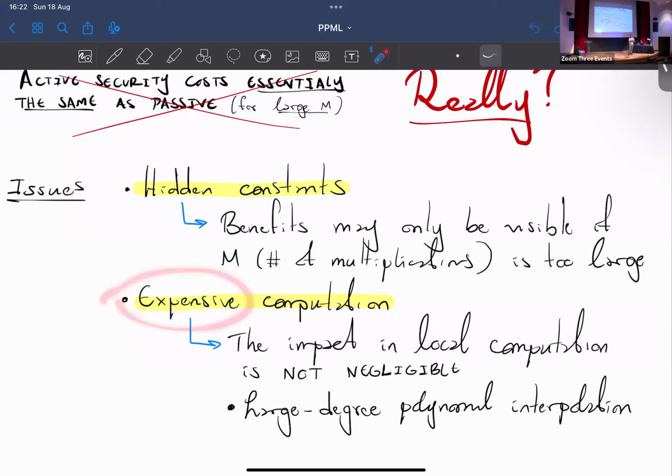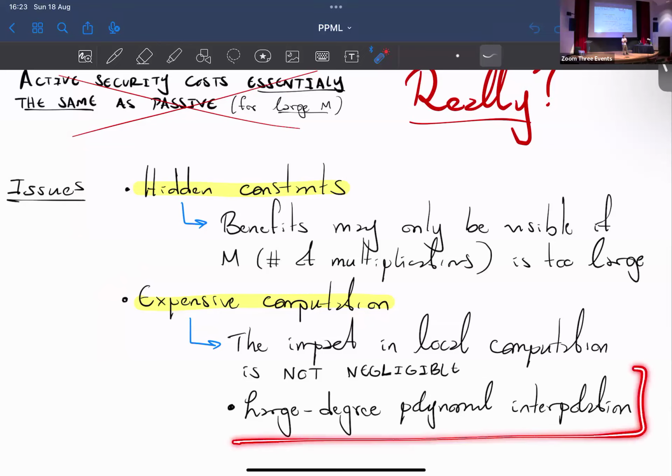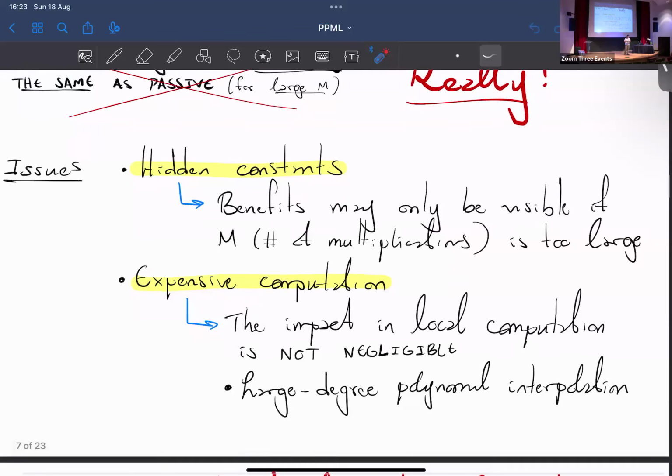Moreover, this comes for free, and I keep quoting the "for free," in terms of communication, but in terms of computation, it is not that cheap. We have to do a lot of extra things locally, each party. In particular, they have to do interpolations on polynomials of certain large degree. The degree is going to depend on the number of multiplications we are operating on. So in practice, the claim that active security comes for free may not be that true.